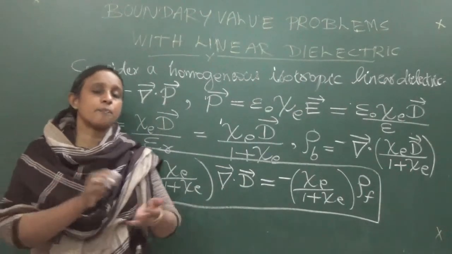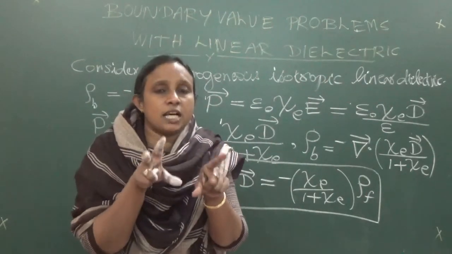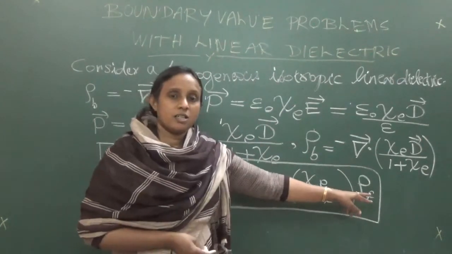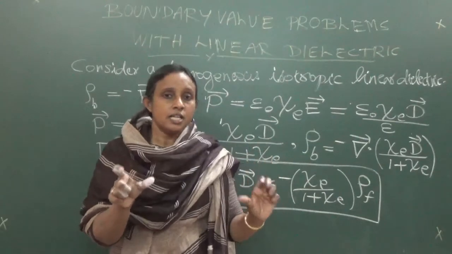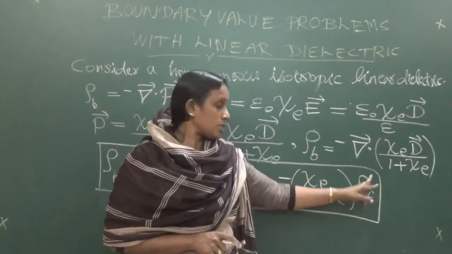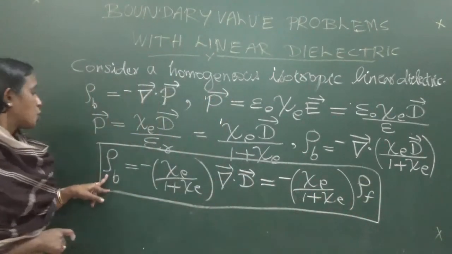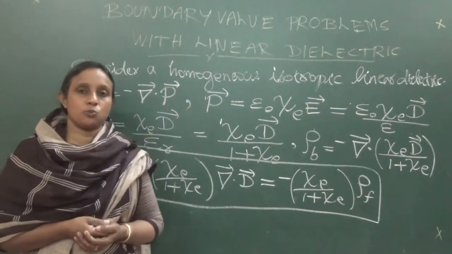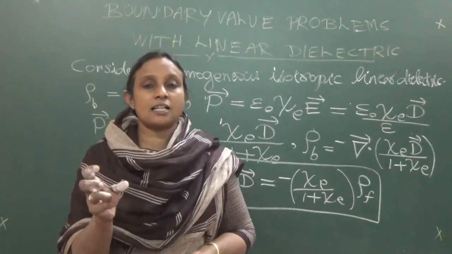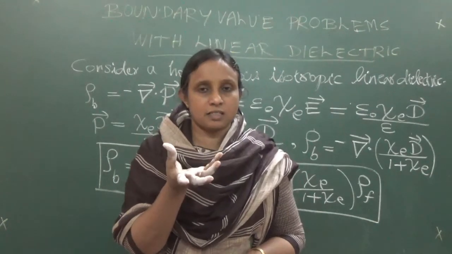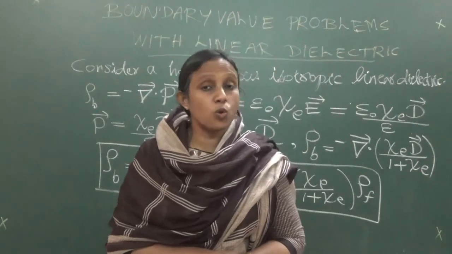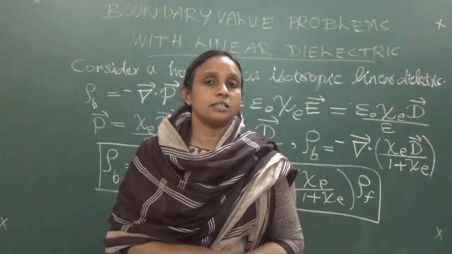Suppose that there is no free charge inside the dielectric. Then what happens? If there is no free charge inside the dielectric, then rho f equals 0. This rho f equals 0 means rho b also equals 0. That means any charge on the dielectric stays on the surface. There is no volume charge density.